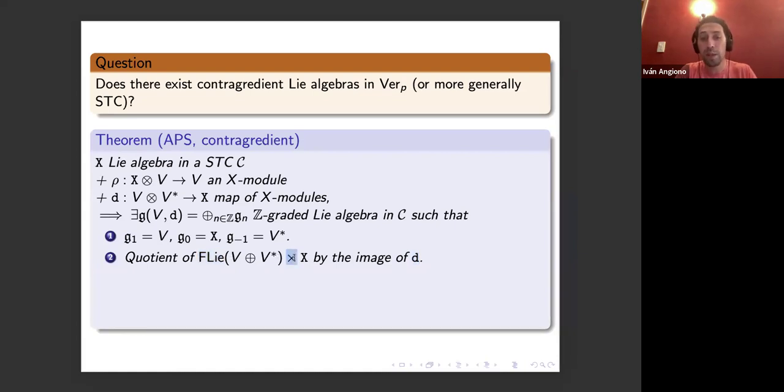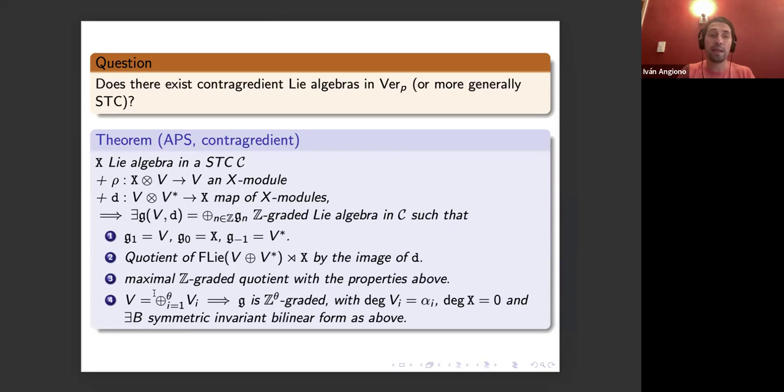There is a notion of semi-direct product, which is the extension of the usual semi-direct product. And you mod out by the idea that the bracket between degree 1 and degree -1 goes to degree 0 through D. This is more or less the idea. And this quotient is maximal with the properties above. So that's why we call this a contragredient Lie algebra.